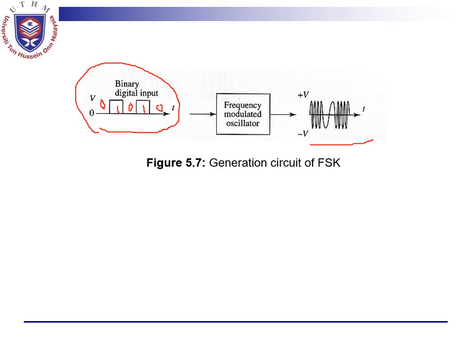For example, this is 0, so the output will be this frequency, which is space frequency, and this is 1, so the output frequency will be this frequency. When you look at this output signal, there is a different frequency between this signal and these signals. So the frequency is different based on the input, whether it is 1 or 0.